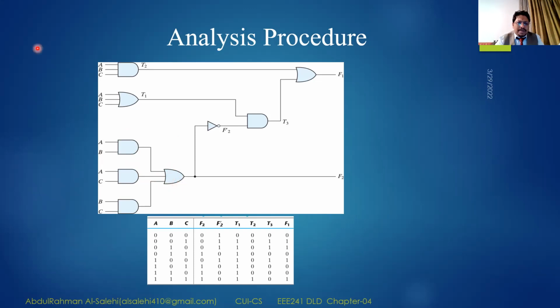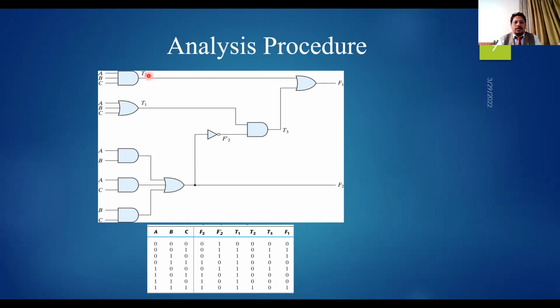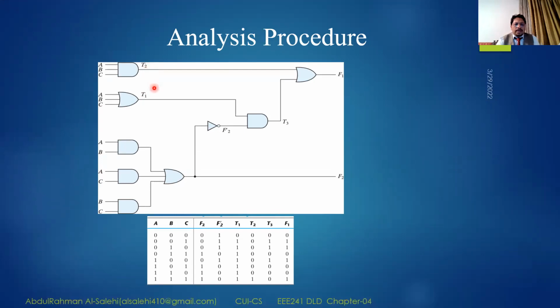I have to label each input, and at the same time, I have to label each output at the gate. Let's say that the output of the first gate, which is the ORing gate, we call terminal 1 or T1. Again, for the other one, we give the terminal T2 as the output of the AND gate.